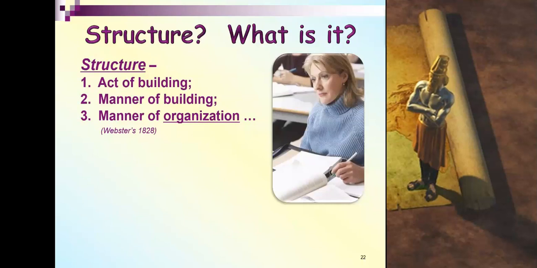Thank you. Absolutely. So what is a structure is the question, and it's defined as the act of building, the manner of building, and the manner of organization based on Webster's 1828 dictionary.